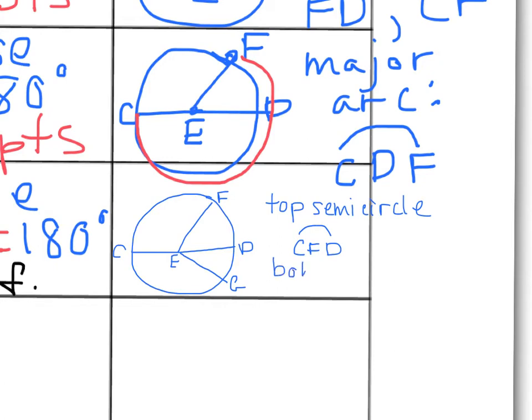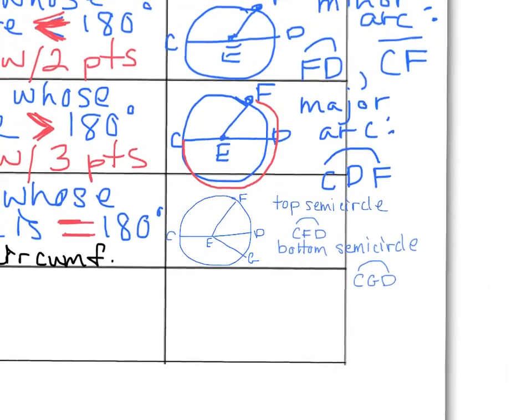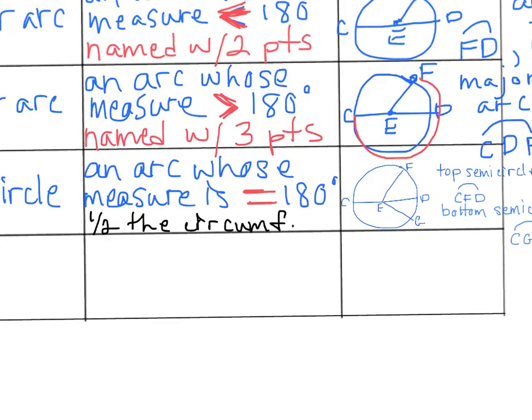If we wanted the bottom semicircle, we want to make sure we're going along the bottom, and 3 points that we would go through there would be CGD. Okay, so that's just a good idea to make sure that you know which semicircle you're talking about when you are talking about a semicircle. So let's go back over here.